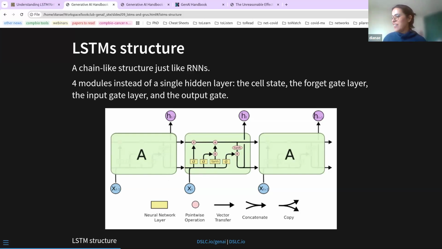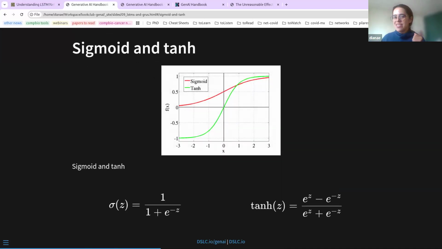Yes, hyperbolic tangent, but it's written tanh. So these are the 2 functions, and the difference between them is that the sigma function, as we already reviewed, accepts real numbers and outputs a number in the range of 0 and 1. And the tanh function's output is going to be between -1 and 1.